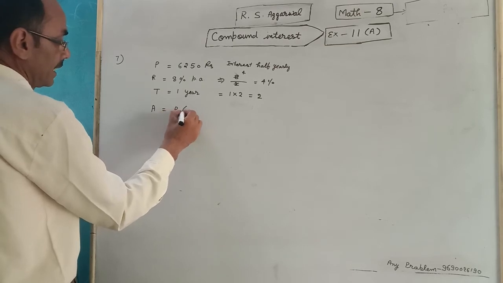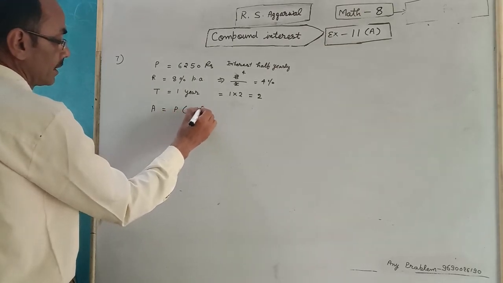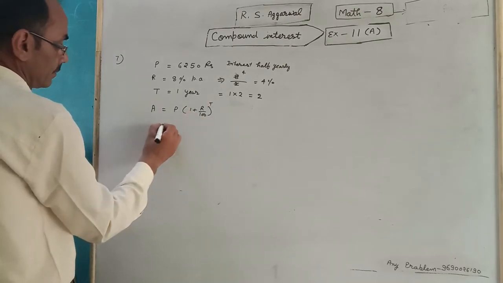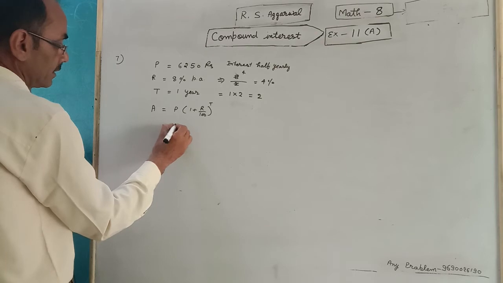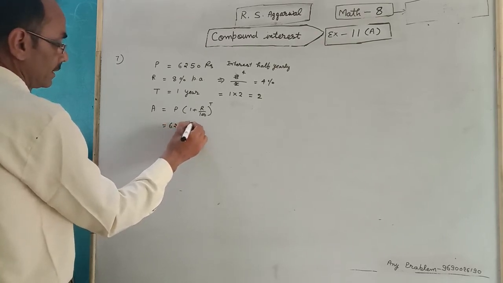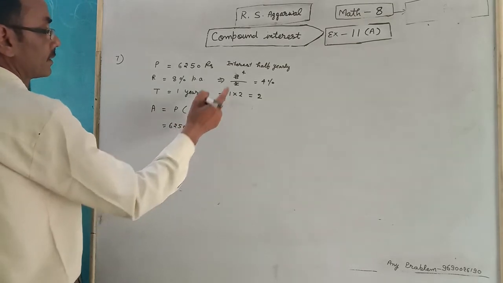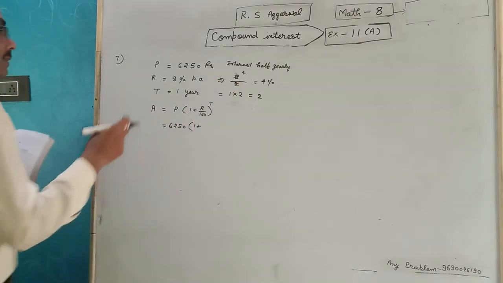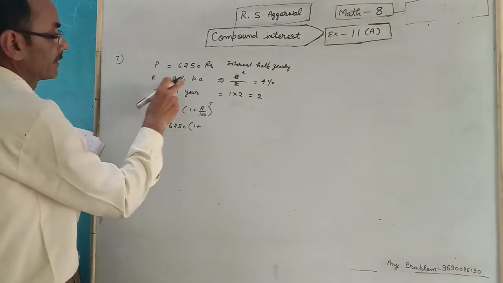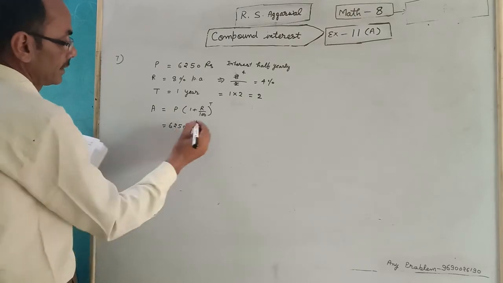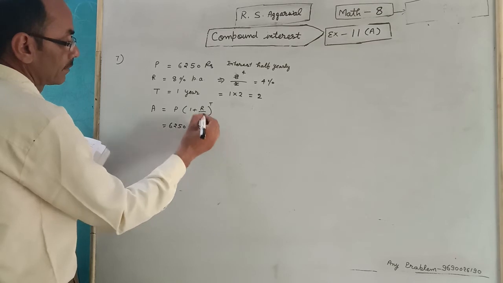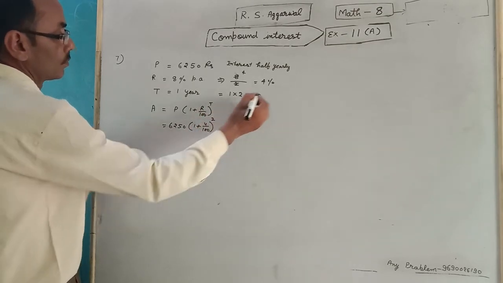Formula is P bracket 1 plus R upon 100 has power T. P value is 6,250. 1 plus R will be, R rate was 8, half yearly makes 4 upon 100 power 2.